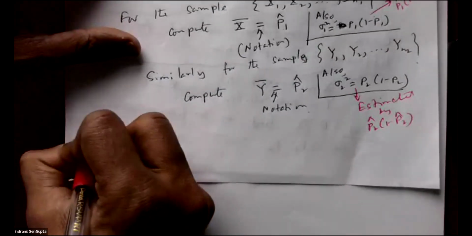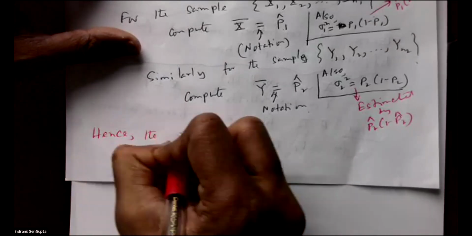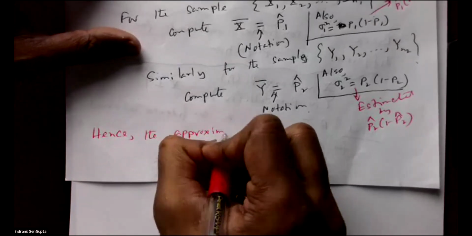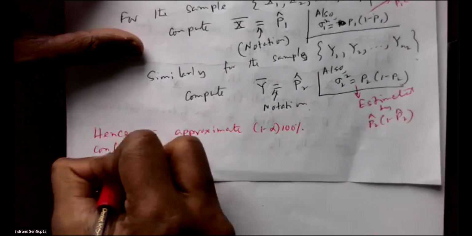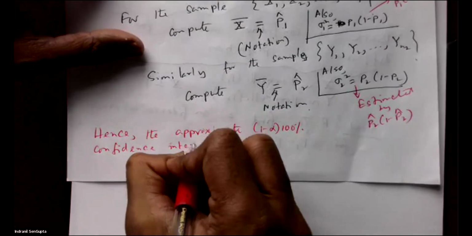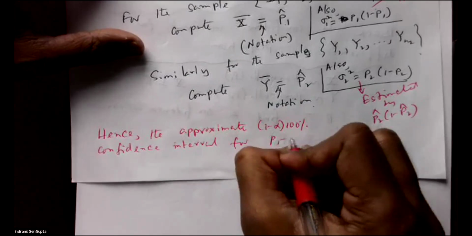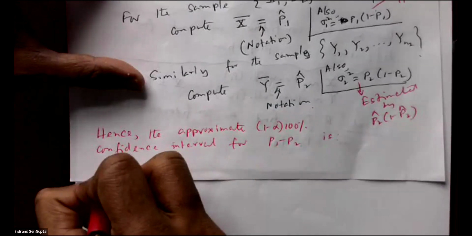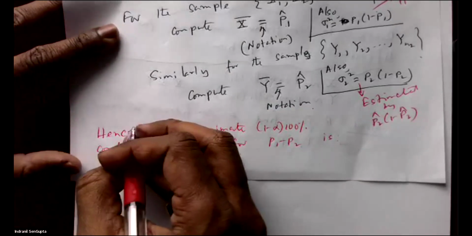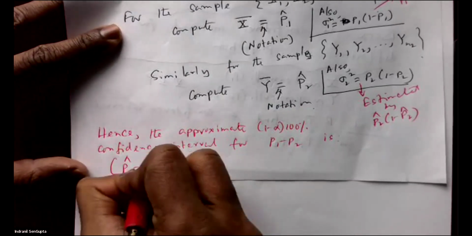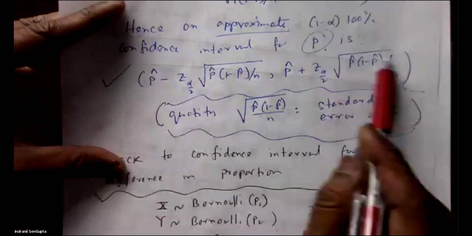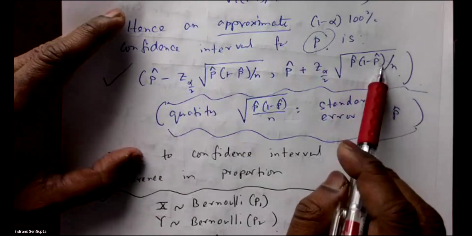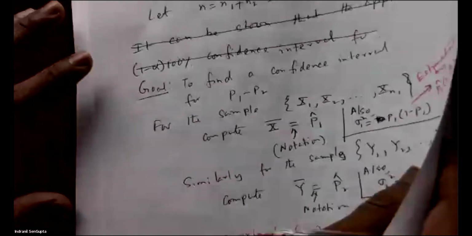Hence, the approximate 1 minus alpha times 100% confidence interval for p1 minus p2 is basically what we had before, except now we have a sample of size n1 plus n2.